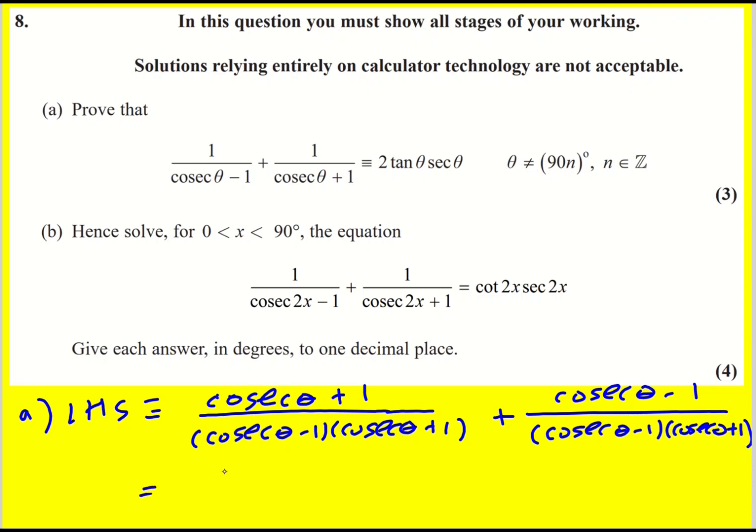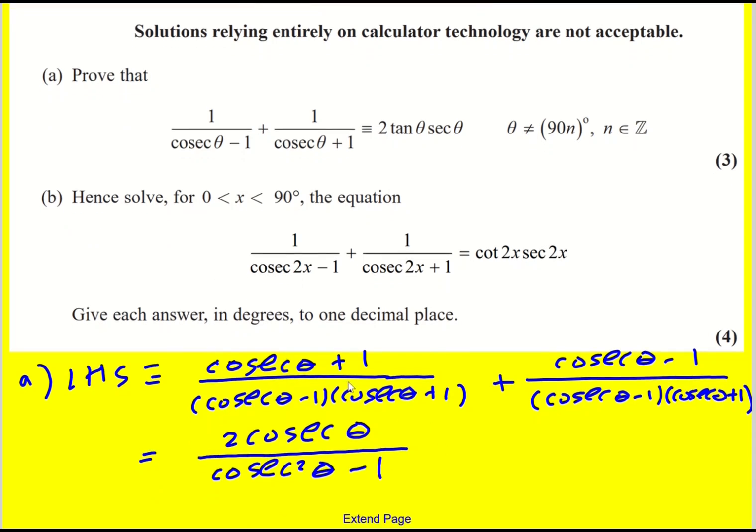I can bring this together, add them together, I'm going to get 2 cosec theta plus 1 minus 1, that's going to cancel, all over that bracket, which I'm now going to expand. This will give me cosec squared theta minus 1. Right, so that's step 1 done.